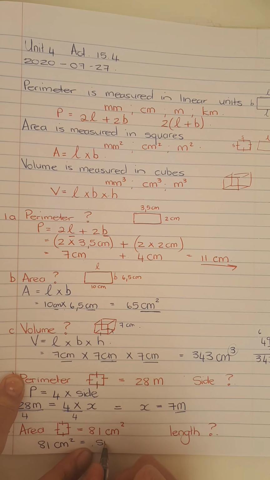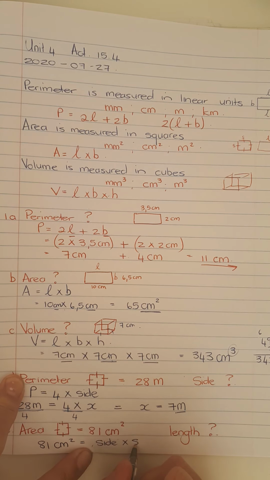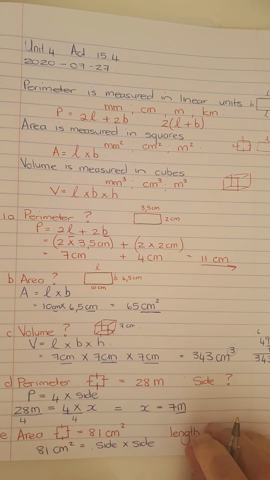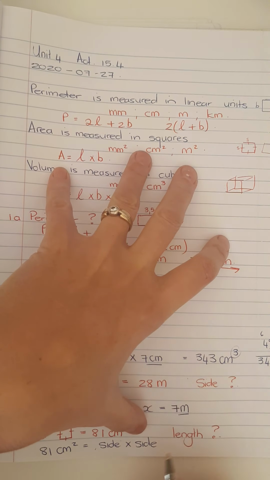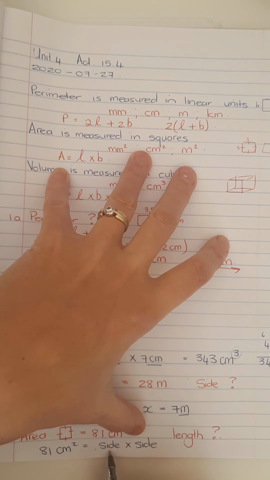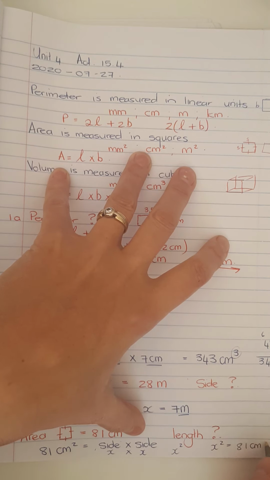So that's side times side because it's a square. Okay? Now, side times side, that's the same as x times x, which is the same as x squared. So x squared equals 81 squared centimeters.